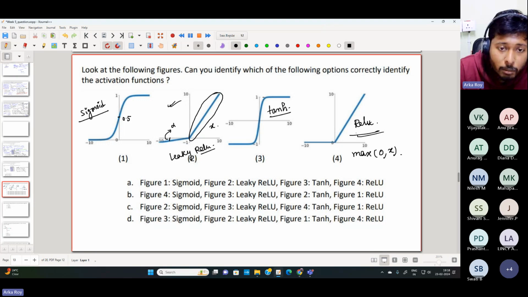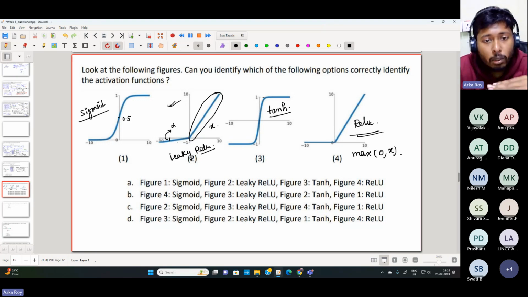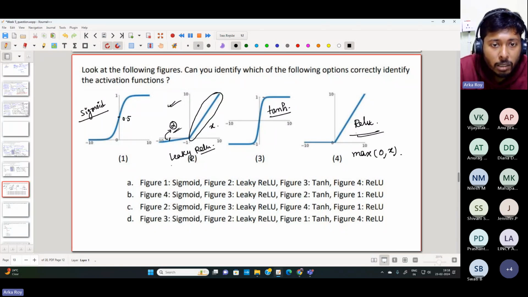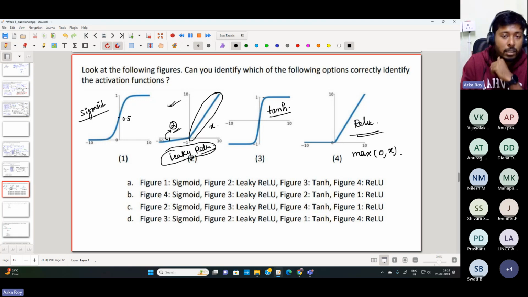Why is it leaky? Because in the negative half, the data is not clipped, it is leaked at some particular alpha angle, and depending on the negativity of x, the value will be decided based on this alpha.